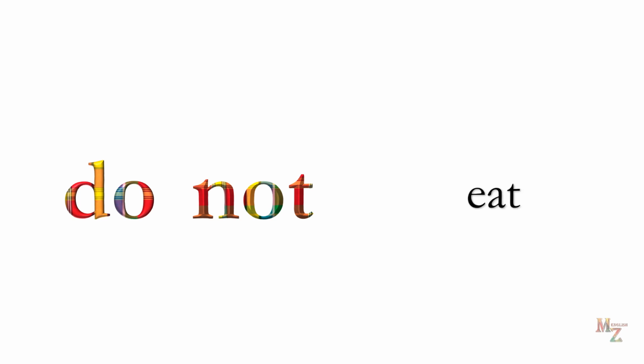Do not eat, do not drink, do not watch, do not listen, do not borrow, do not lend, do not shop, do not buy, do not give, do not receive.